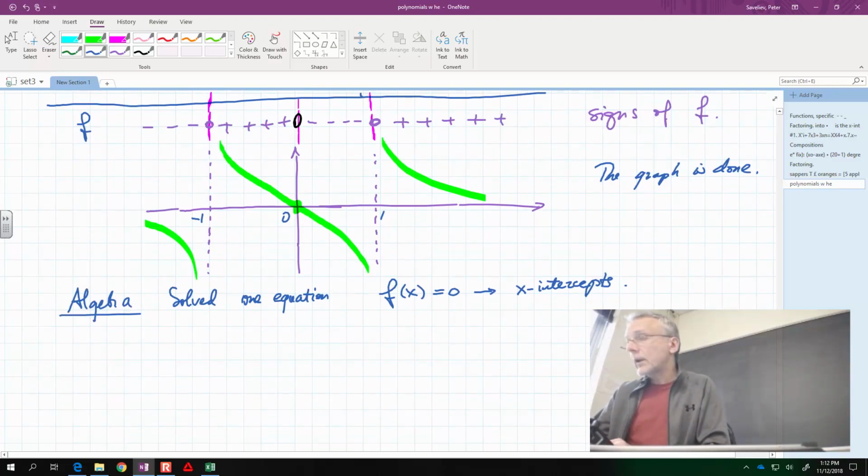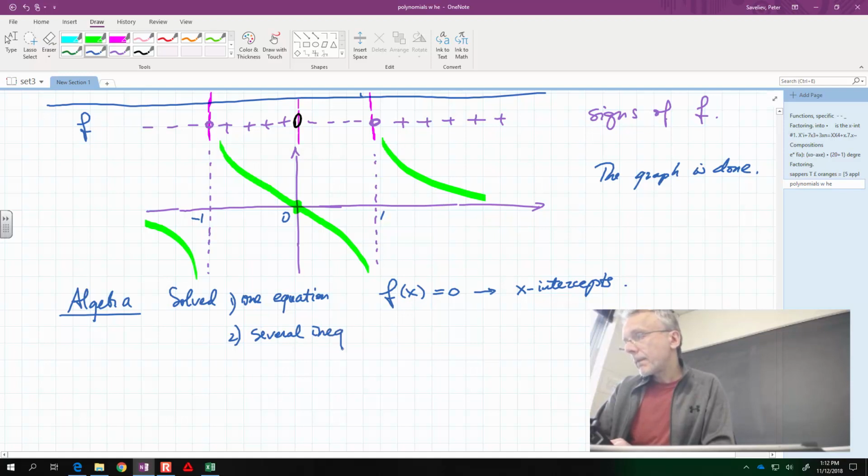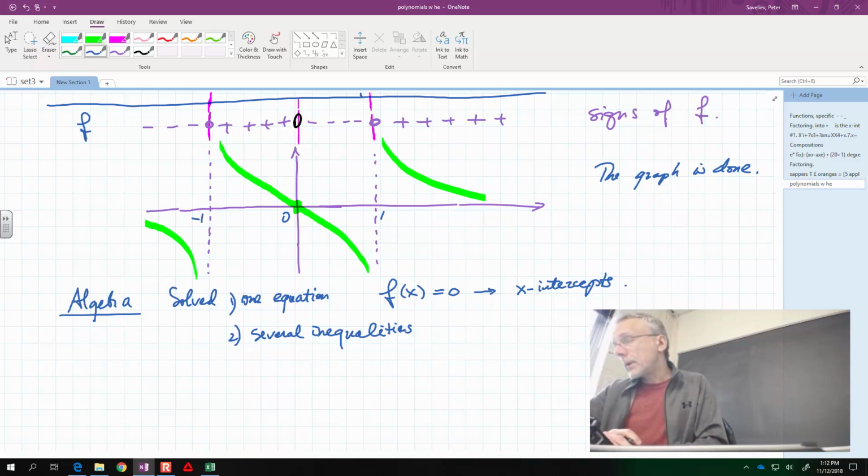But there is more. There are also several inequalities. Another useful skill is the ability to solve polynomial and rational inequalities.